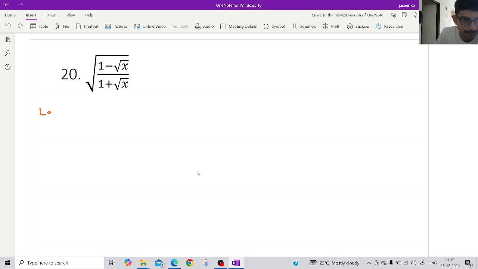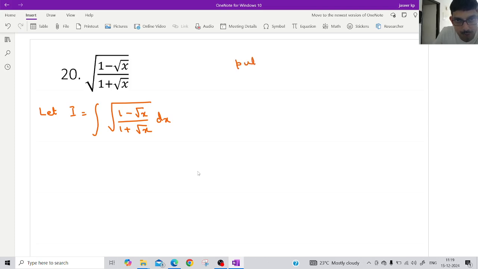So let us take this as I, the integral of the square root of (1 minus root x) by (1 plus root x) dx. So we are going to do the substitution.